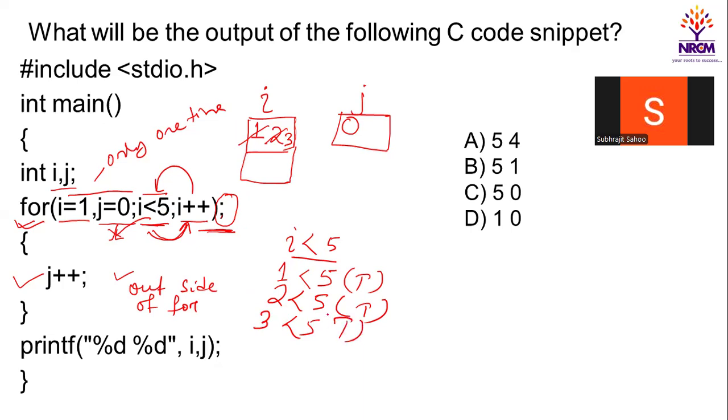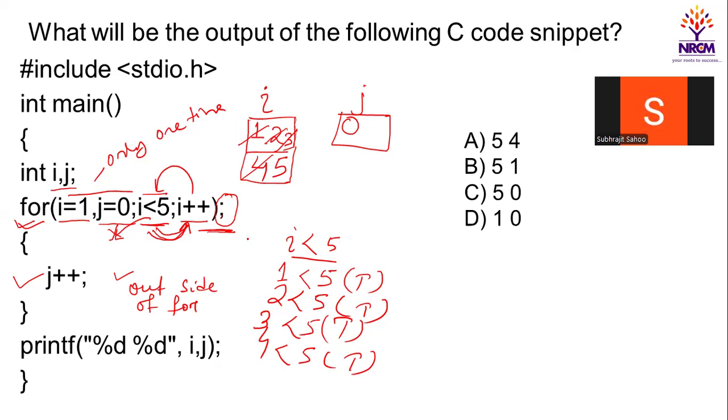So again, instead of going to the block, it goes to the i plus plus updation statement. 3 will be deleted and 4 will be stored. Now 4 is less than 5, the condition is again true. Again i plus plus means 4 will be deleted and 5 will be stored.